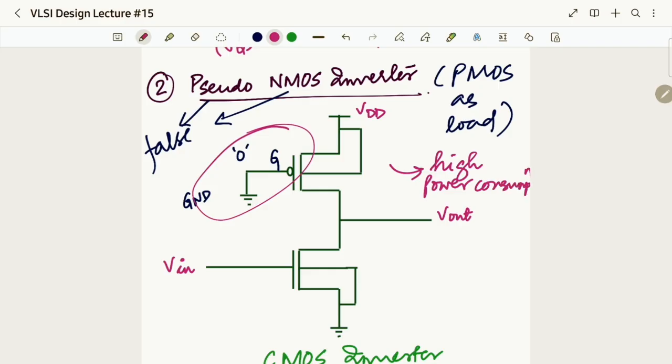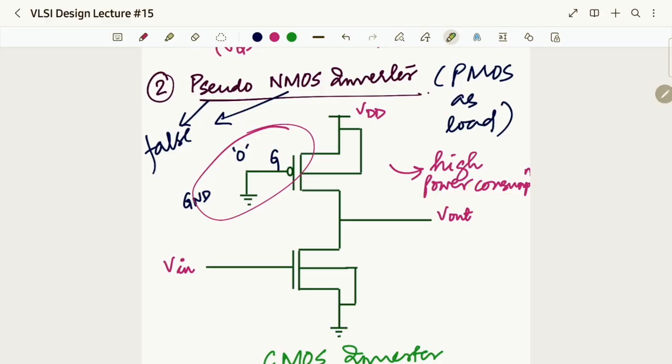Why can I say this? How did I land up on this reasoning that if I provide a constant zero logic to my PMOS circuit, it will give me high power consumption?